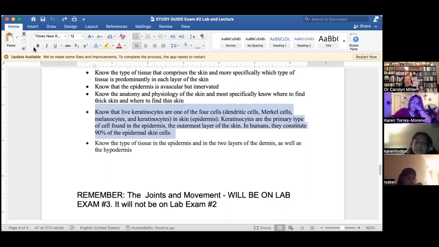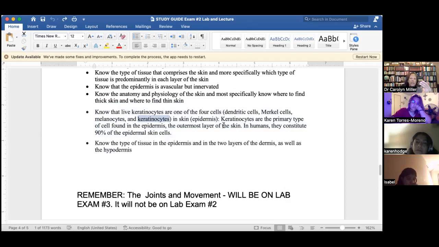So when I talk live keratinocytes, first I already said that the cells are dendritic cells, kind of patrolling, the Merkel cells for light touch, melanocytes adding melanin, and keratinocytes adding keratin to prevent the skin from drying out.